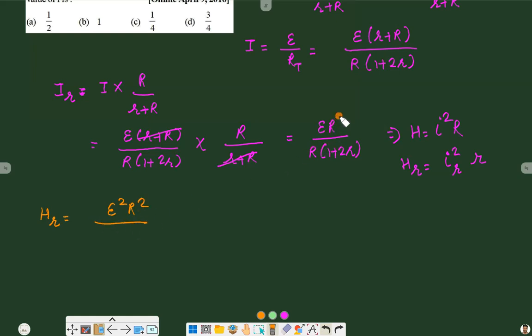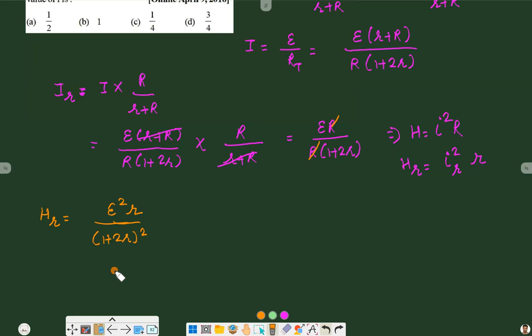We can also cancel this R, so R is not needed here. By 1 plus 2R square into small r resistance.